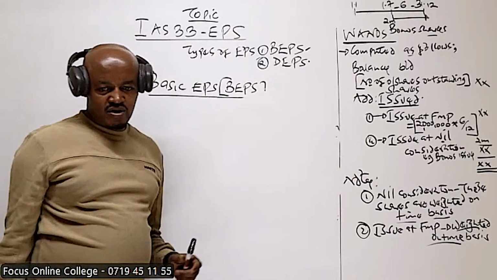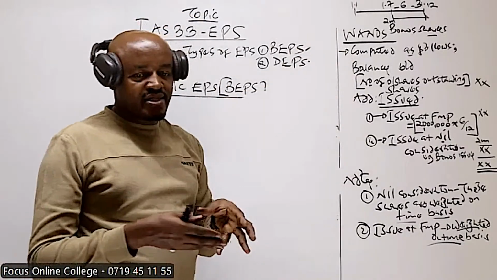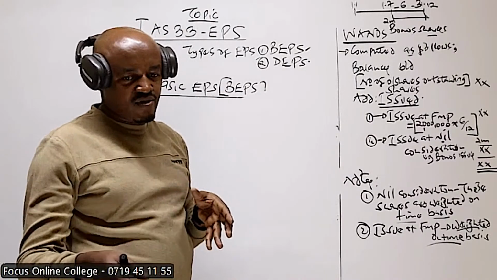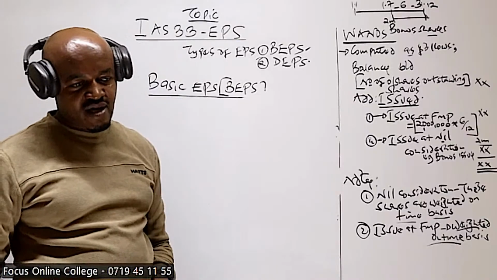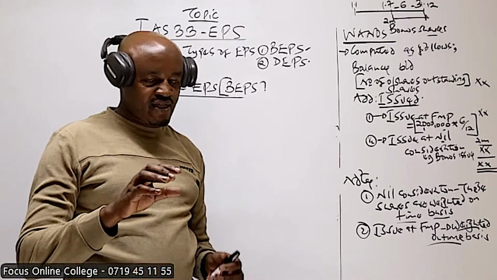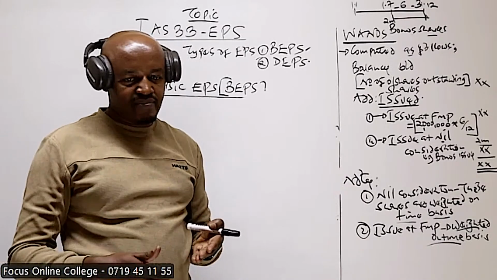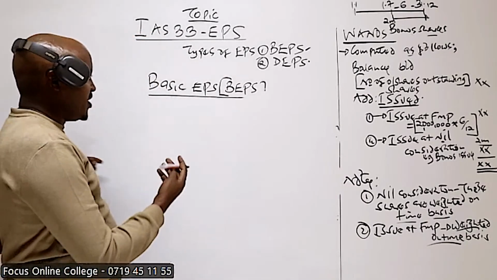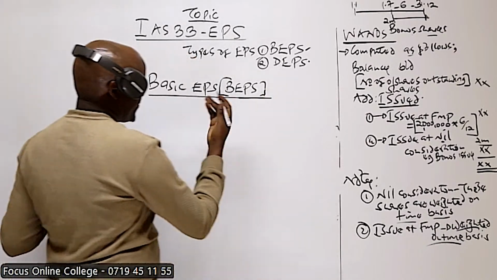And remember, the shares which are issued by the company during the current year are generally classified into 2 categories: issue at full market price and issue at nil consideration. But now I want us to look at how specifically we treat the different types of issues which may be made during the current year. The company can make different types of issues.